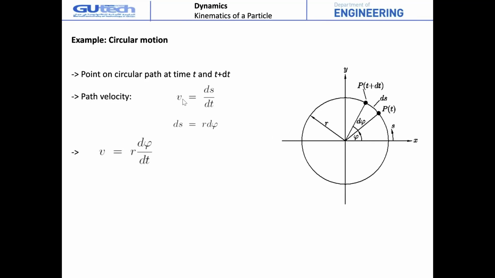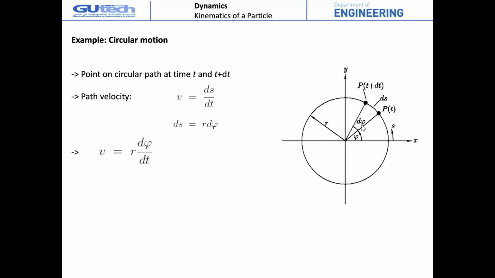Then we have the path velocity v, it's ds over dt. That means the time derivative of the position, and we can get ds. ds is only r d phi. If we take the tangent of the small angle d phi, tangent d phi is ds divided by r.